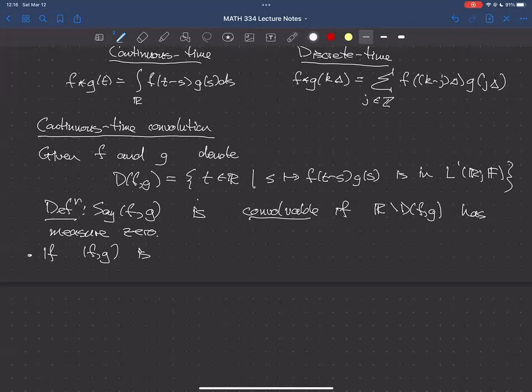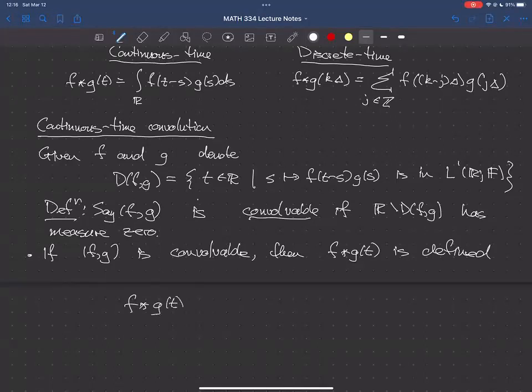All right, so if the pair f, g is convolvable, then this formula then makes sense, for almost every t.